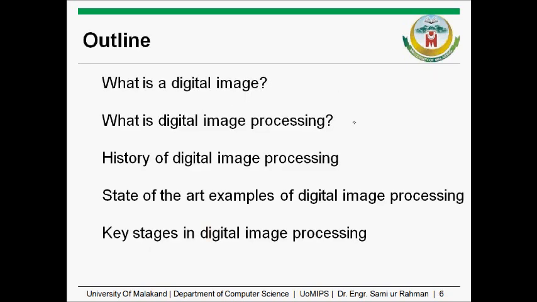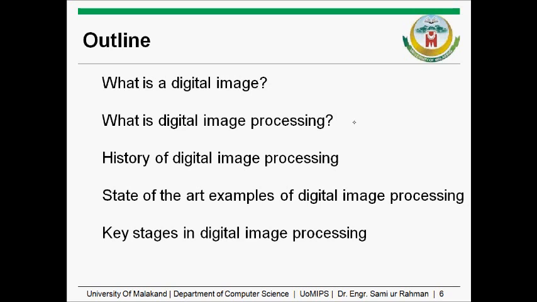Okay, this will be our outline in this lecture. This is the introductory lecture, so there will be no technical details. There will be just some motivation. What is a digital image? What is image processing? And some history of image processing, and some examples of where we can use image processing, and how this field is important in real world problems.